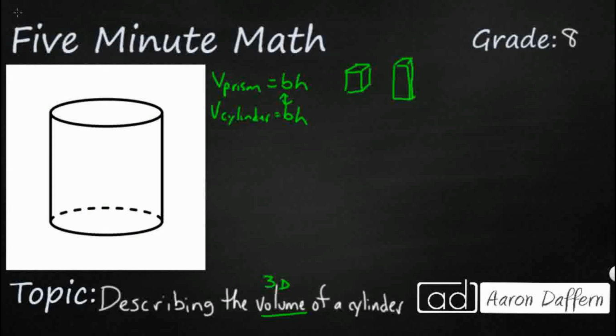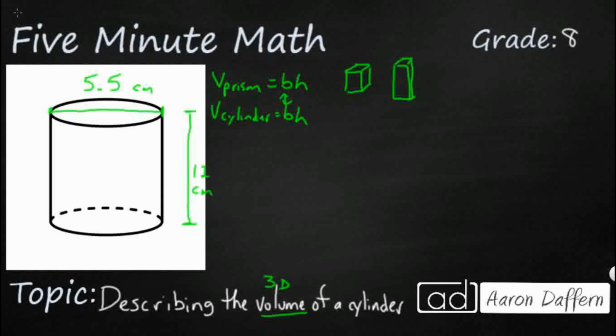Typically, they're probably going to give you the diameter, and let's say it's 5.5 centimeters. Then they'll give you the height. We'll say the height is 12 centimeters.